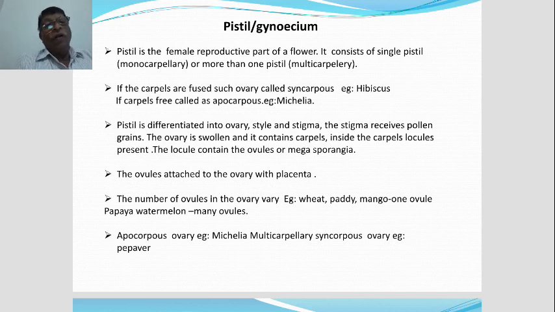It's also called megasporophyll. It's also called the gynoecium. If we examine the gynoecium, it consists of ovary, style and stigma.